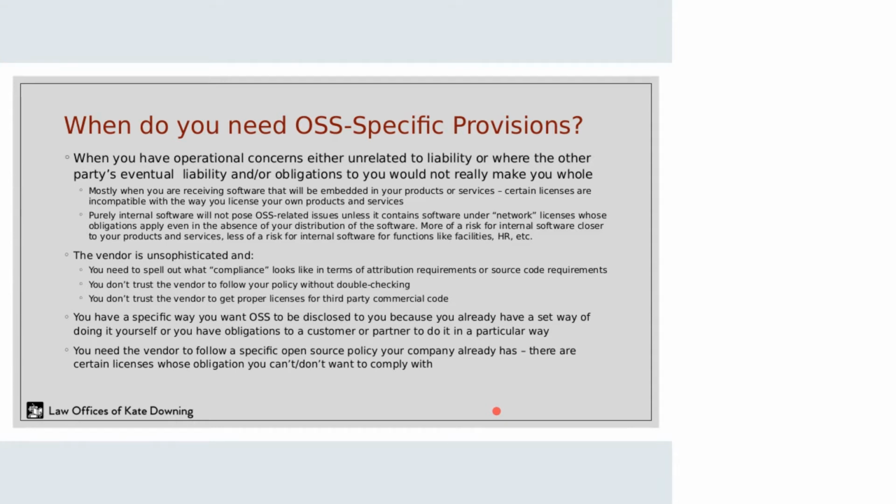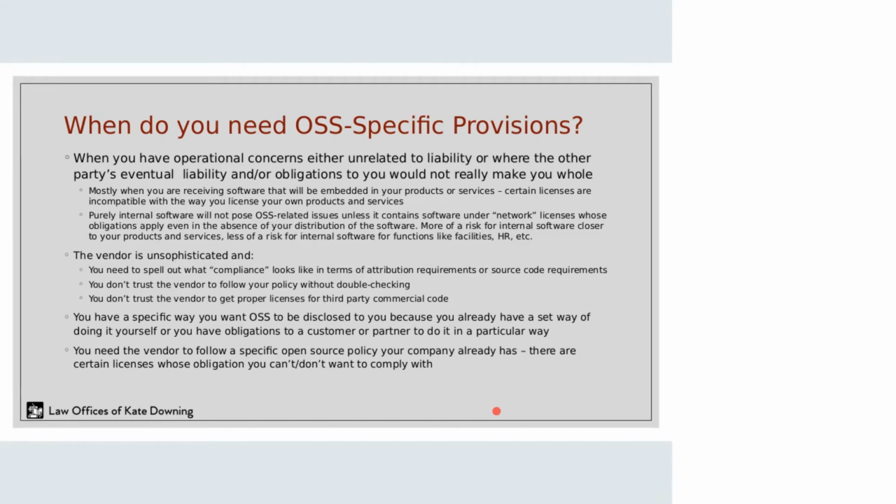Or it's situations where the liability aspect of it just doesn't really matter for you. Sometimes we're dealing with other sophisticated companies and we trust that they know what we're talking about and they understand what IP infringement means in an open source context. But in practice, a lot of the time we're working with really small companies that may not have an in-house counsel, may not understand anything about open source law, right?